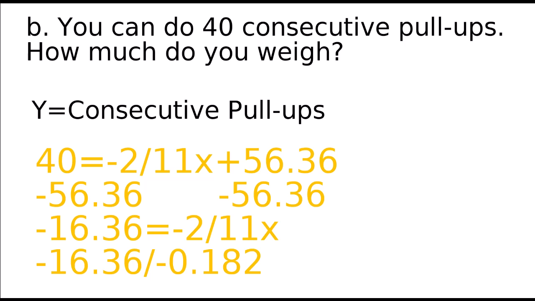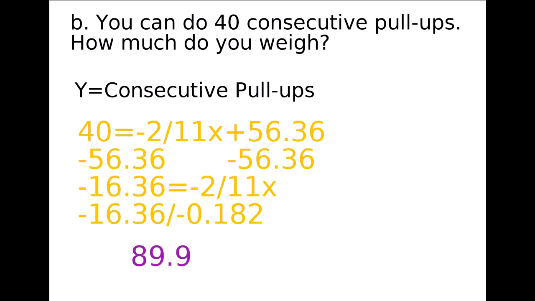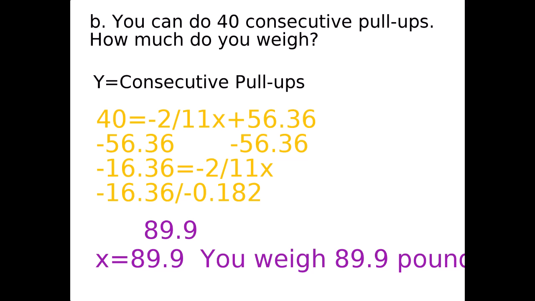Then we divide negative 16.36 by negative 0.182, which is negative 2 over 11 in decimal form. So we get x equals 89.9. So if you can do 40 consecutive pull-ups, you weigh 89.9 pounds.